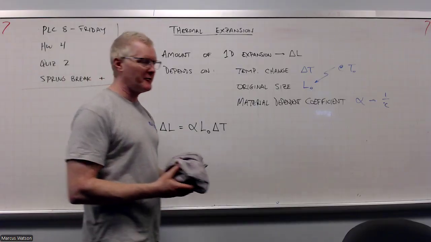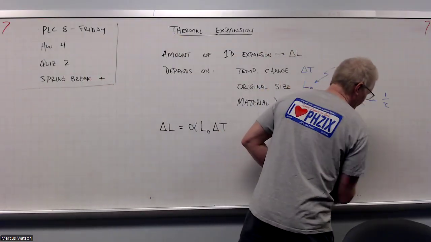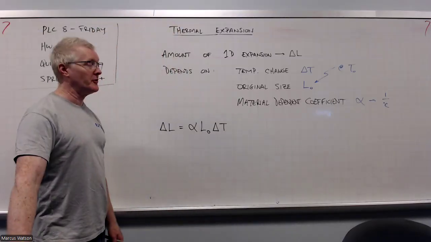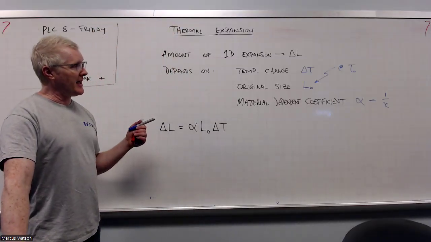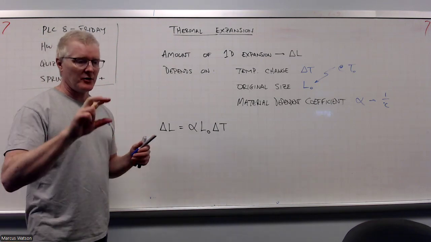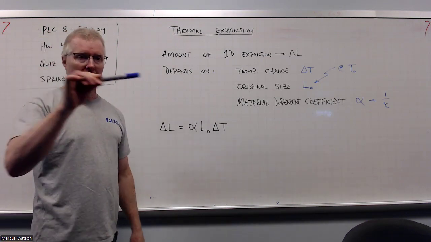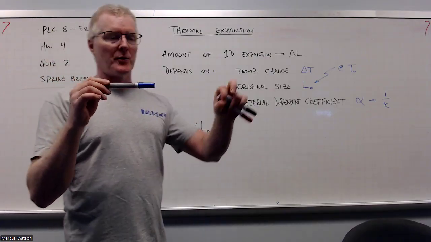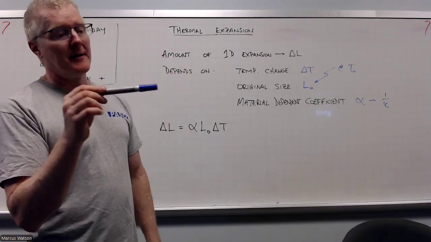So every now and again, it's kind of useful to think about these things, and sometimes it isn't, because ultimately, for example, in the example that I'm about to do, I have a rod. I'm gonna have a steel rod and a brass ring, and I want to fit the ring over the rod, okay?